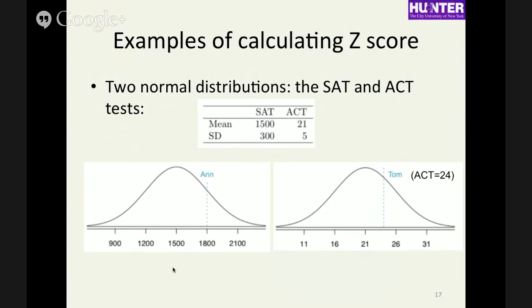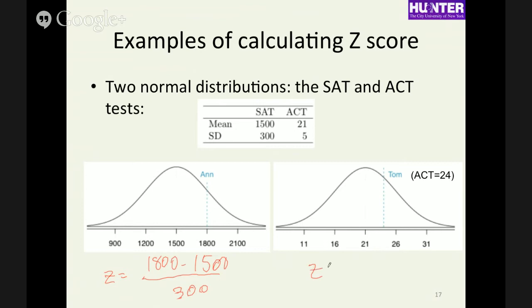So what about these two examples? We can calculate a Z-score for Anne and for Tom, and then we can compare them directly. We can say, did Anne do better on the SAT than Tom did on the ACT, even though they're different exams? We can still say which one did better than the other, and it'll be in terms of a percentile. So let's see. For Anne, Z is something like 1800 minus 1500 over 300.